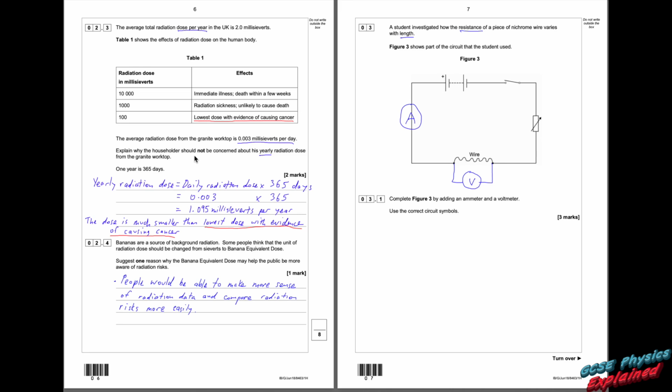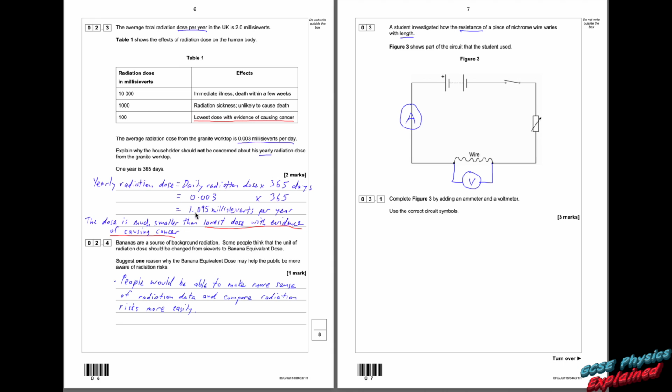Explain why the householder should not be concerned about his yearly radiation dose from the granite worktop, and 1 year is 365 days. So the yearly radiation dose will be the daily radiation dose multiplied by 365 days. So that was the daily dose, and multiply that by how many days there are in a year.